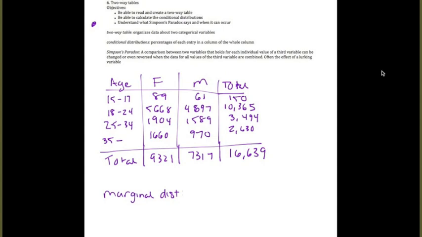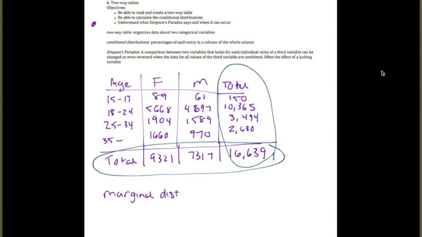The reason we call them this is because they appear in the margins of the chart. When we talk about the marginal distributions, we're talking about the spread of the data for the individual categories.